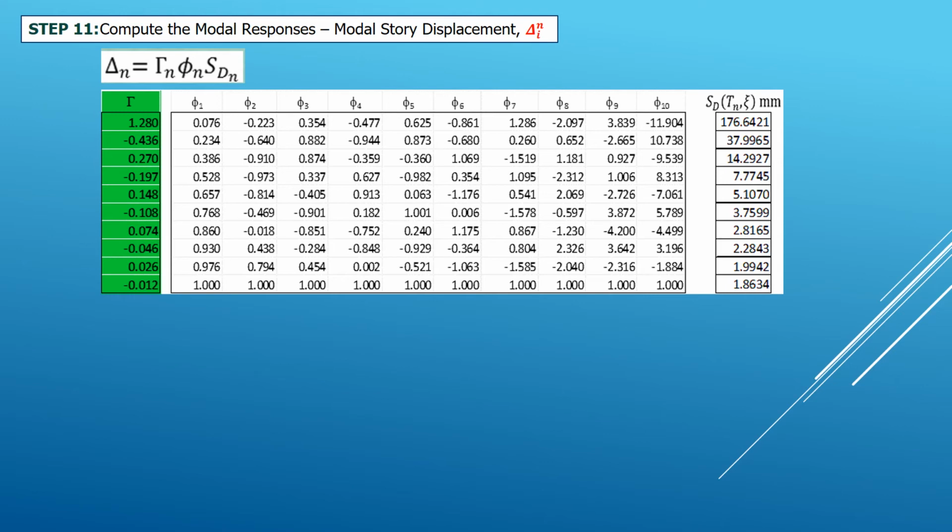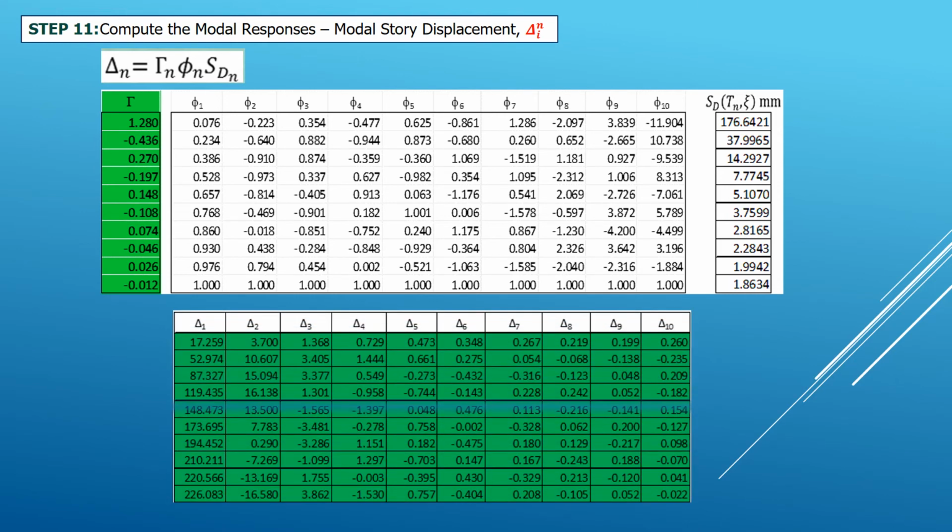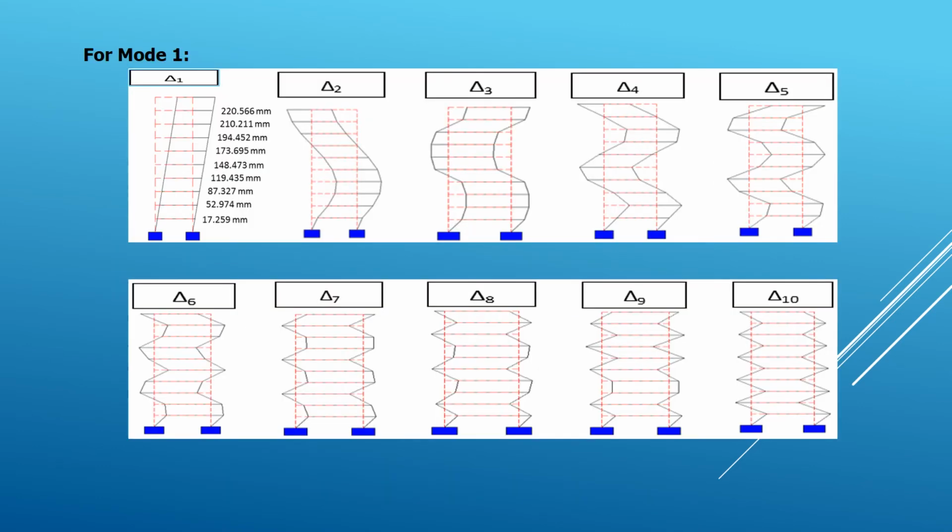Using Excel, ito yung result ng modal story displacement of every mode. So, yan. Ito siya. So, ito naman yung figure of mode 1 to mode 10.